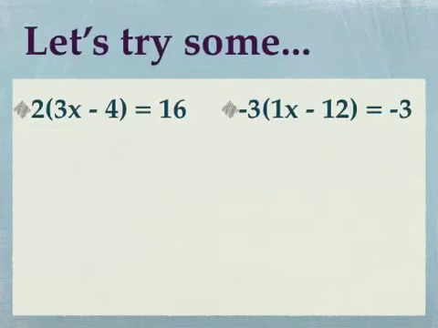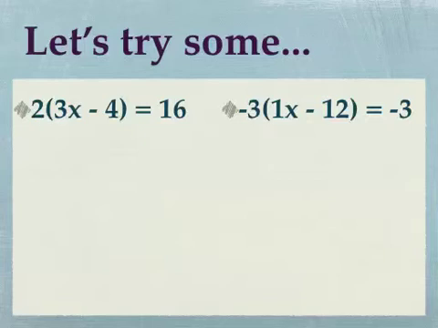So let's try some in an equation. In this case, we have 2 in parentheses, 3x minus 4, close the parentheses, equals 16. Now be careful and make sure that you're only distributing or multiplying by 2 for the terms inside of the parentheses.